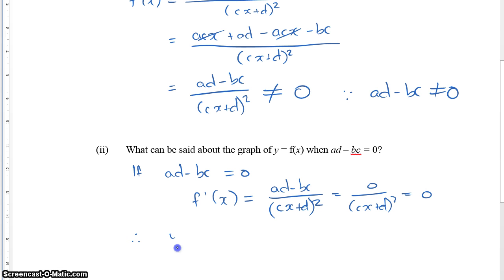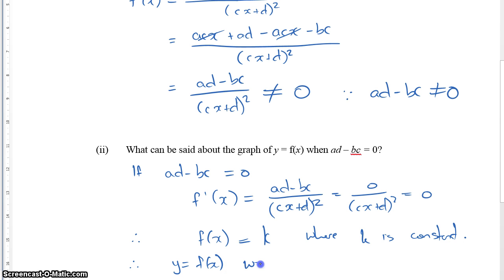Therefore, if its derivative is 0, f of x is just some constant k. And therefore, y equals f of x would be a horizontal line.